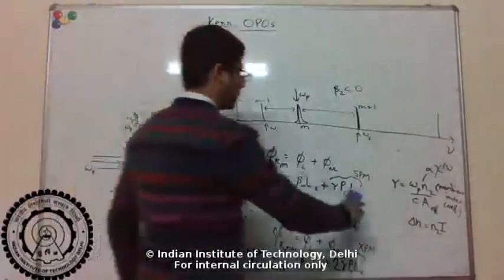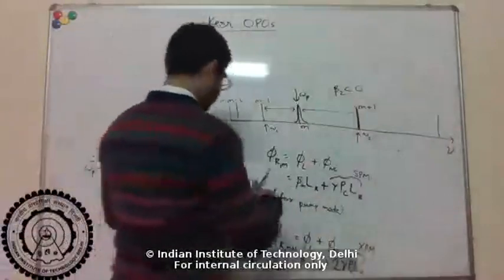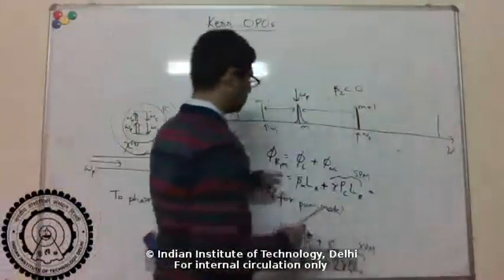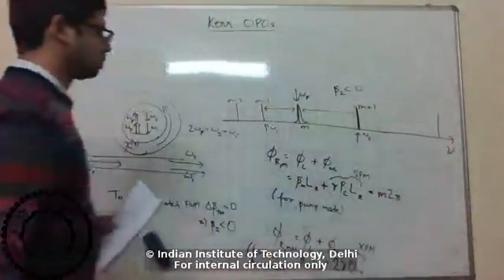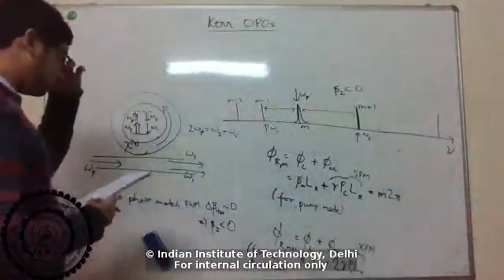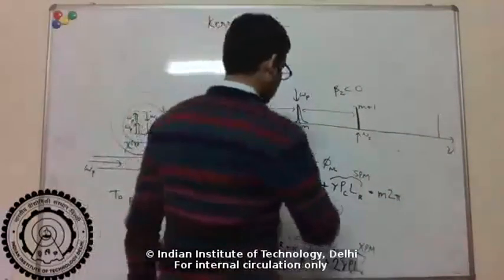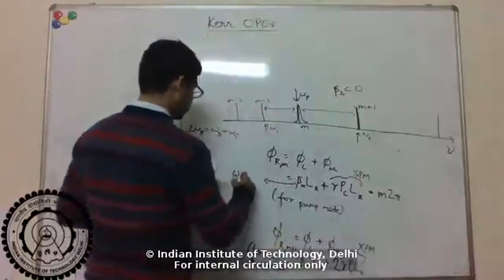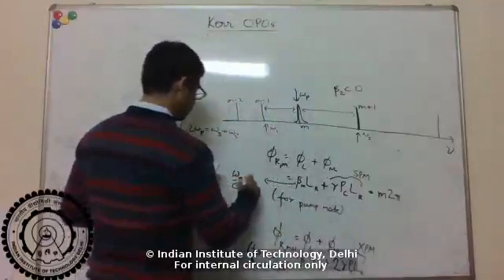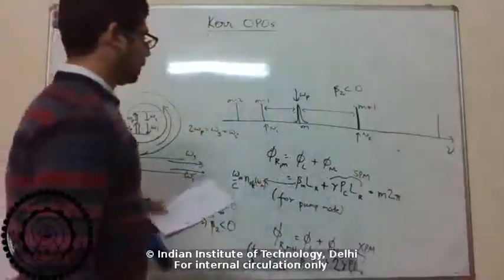So now, if you look at the resonance condition, what was the resonance condition? We just equate this to be a multiple. So for the mth resonance, it's m times 2 pi. And again, beta you can write as omega over c times n effective at omega m.